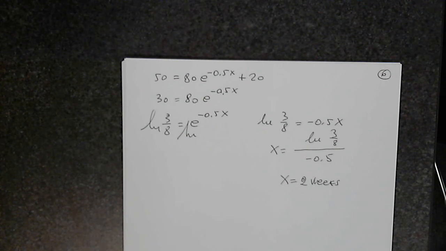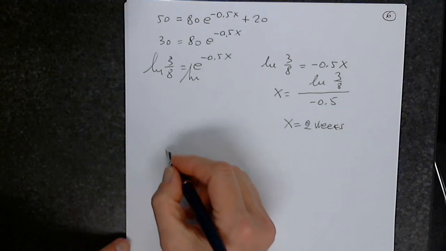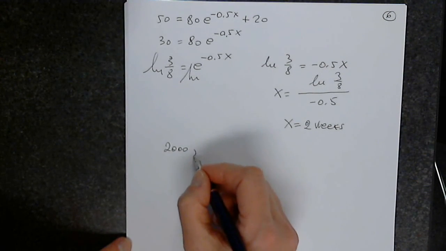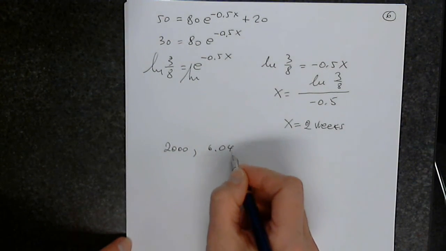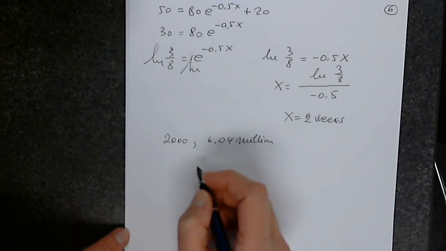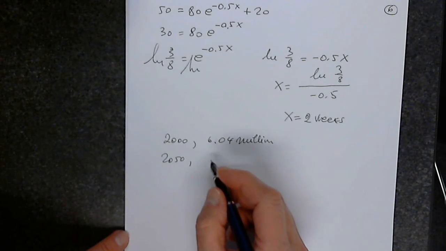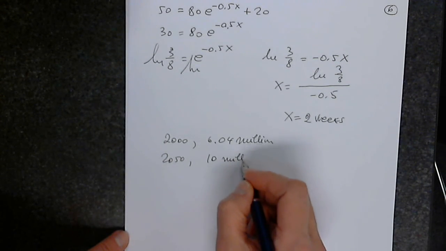Rational. How about number 8? Good. So we are given that in the year 2000, population was 6.04 million. And in 2050, projected to grow to 10 million.